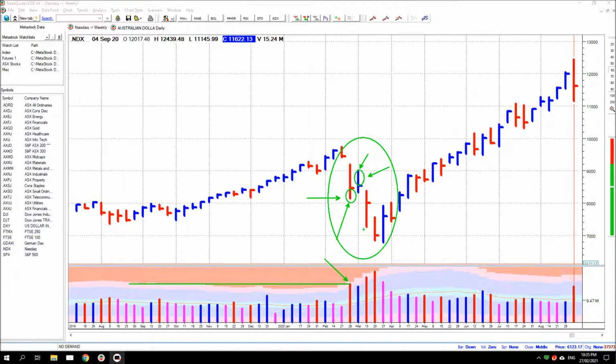The next week price dips lower again, but there's a massive close off the lows on the highest volume so far. Then finally, the last serious down bar was a gap down.